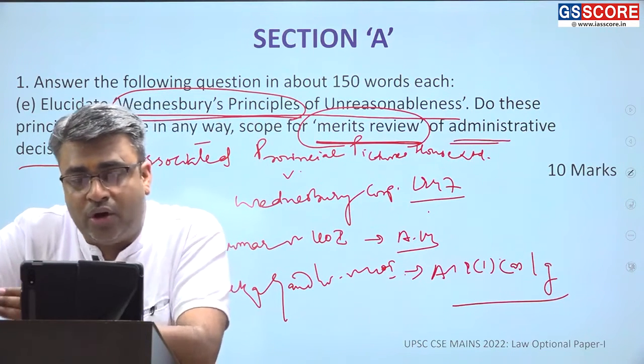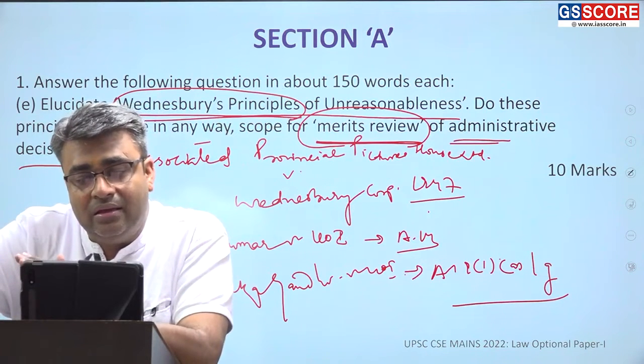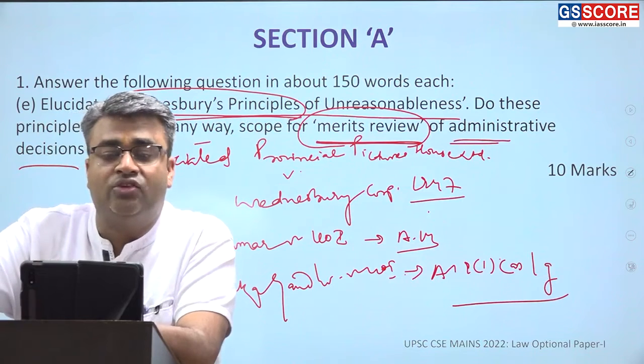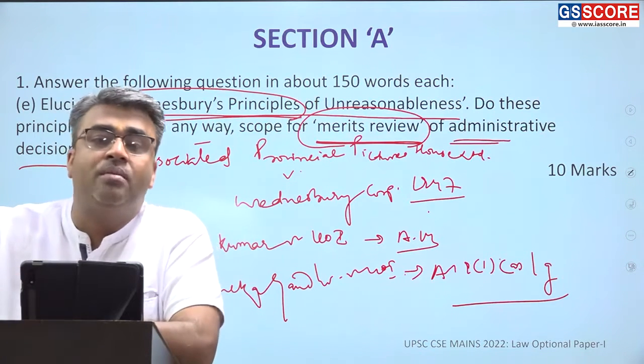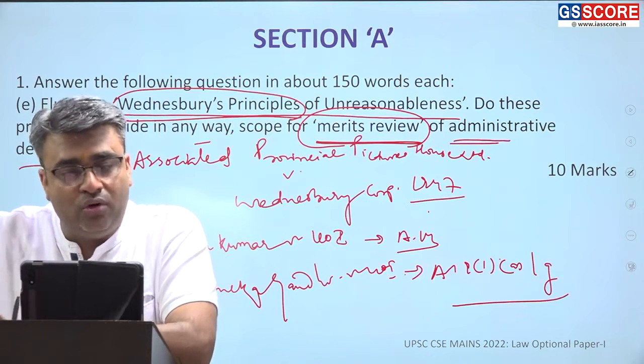So, if any administrative action is in violation of the fundamental rights, it should be referred to the court for judicial review.